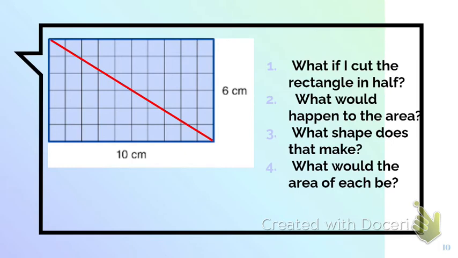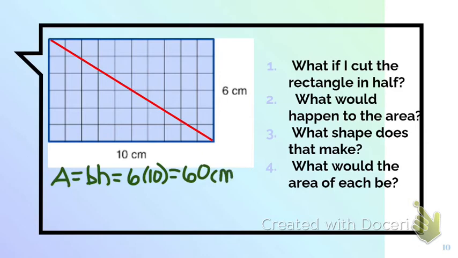So we've been discussing area of rectangles, and you can see this rectangle here. If we were to find the area of this rectangle, it would just be area equals base times height, which would be 6 times 10, which is 60 centimeters squared. But you can see that I have this line dividing this rectangle into two halves.